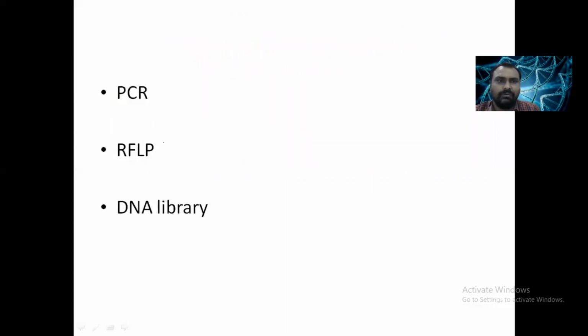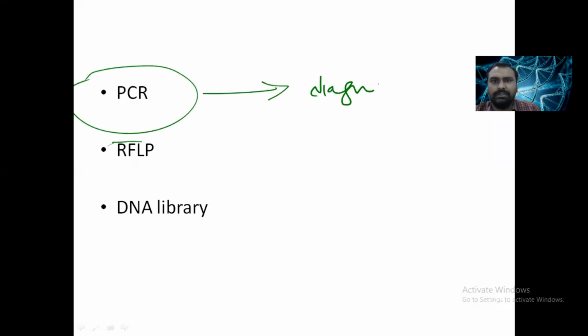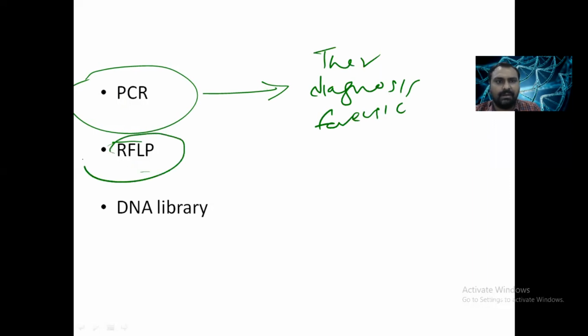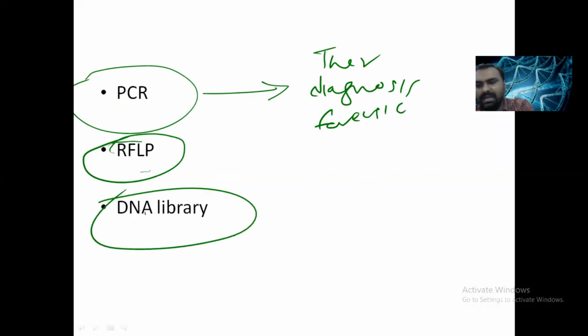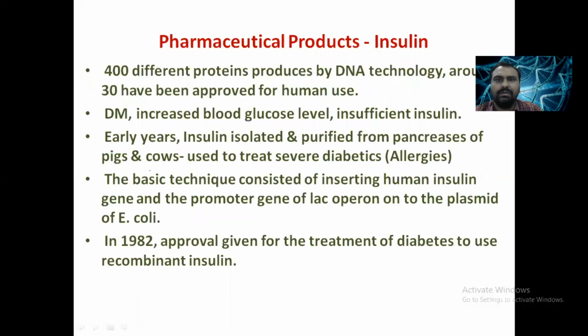In PCR also we use recombinant DNA technology, for diagnosis, for forensic science, or for therapy. Restriction fragment length polymorphism we can use with the help of recombinant DNA technology. DNA libraries we can make with its help. For PCR, RFLP and blotting techniques, I will make separate videos. Okay, these are all applications of recombinant DNA technology.